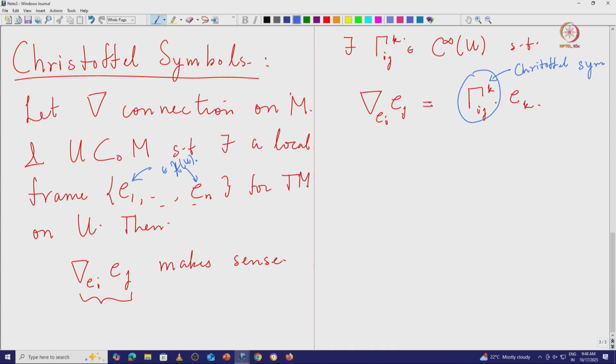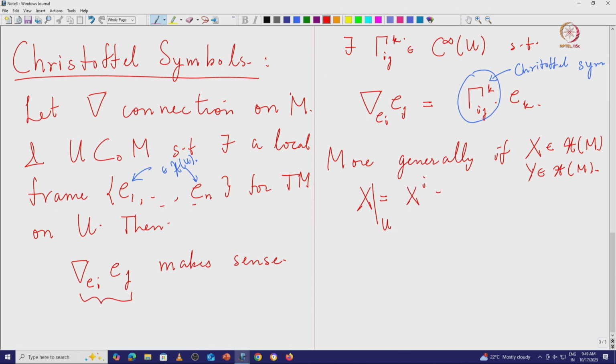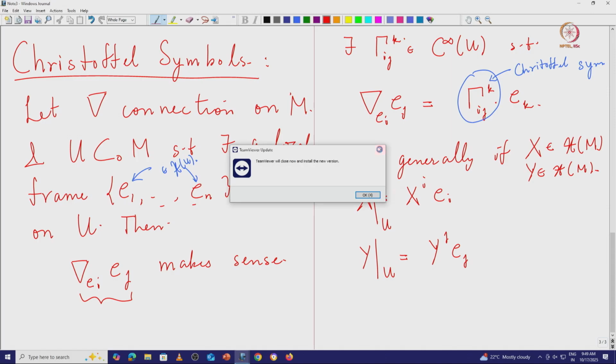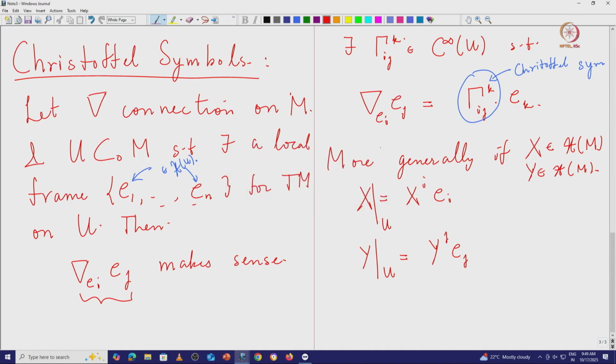So more generally, if X is a vector field on M and Y is a vector field on M, then the restriction of X to U can be written as X^i E_i, again using Einstein's summation convention. The restriction of Y to U can be written as Y^j E_j.